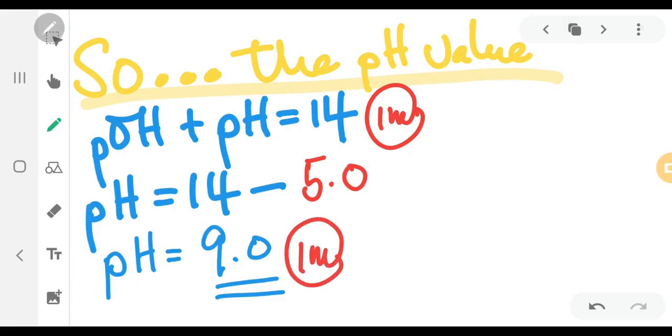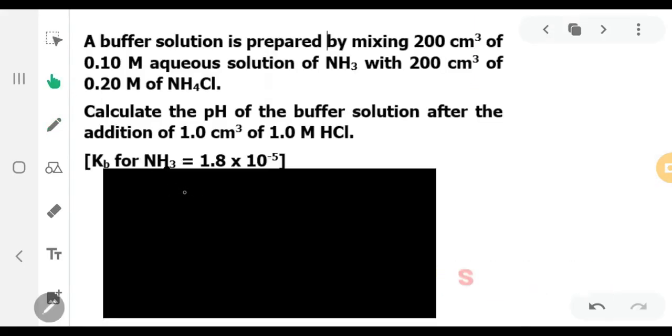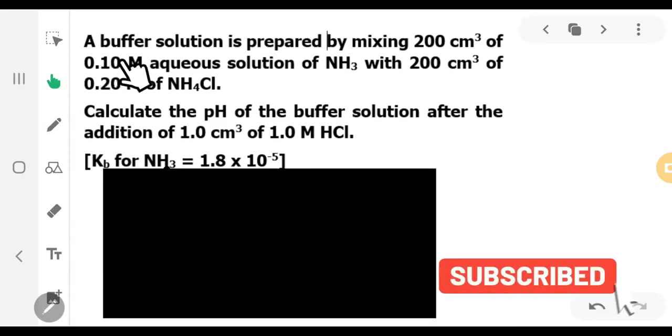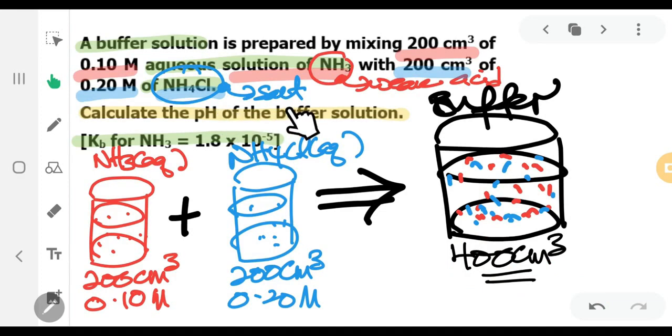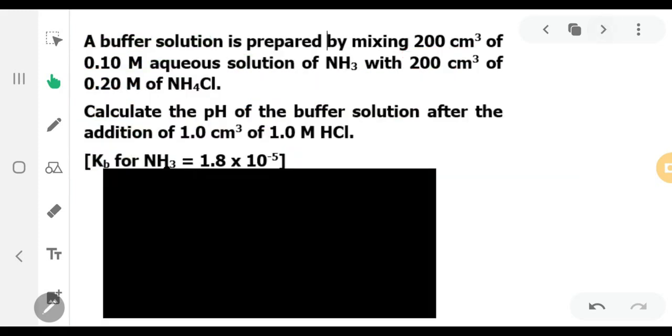Now we're going to look at another example in which we have the same buffer solution like what we had in the first question, but this time we are going to be calculating the pH of the buffer after you have added a small amount of strong acid.